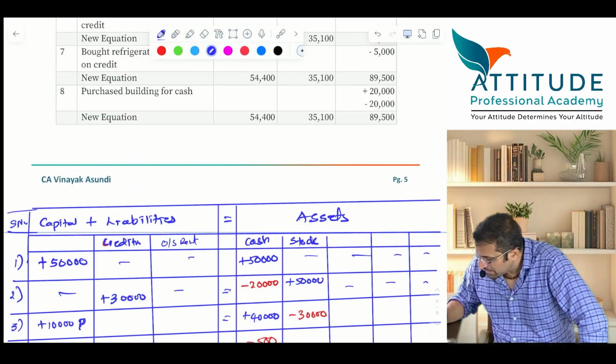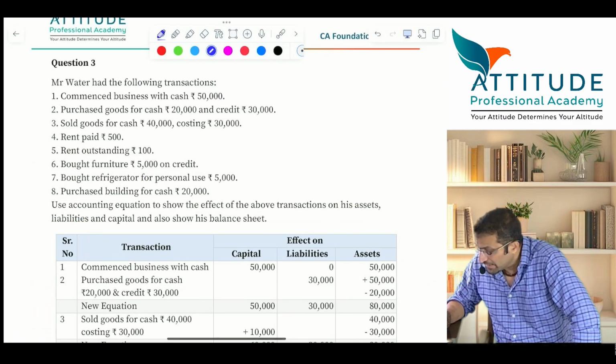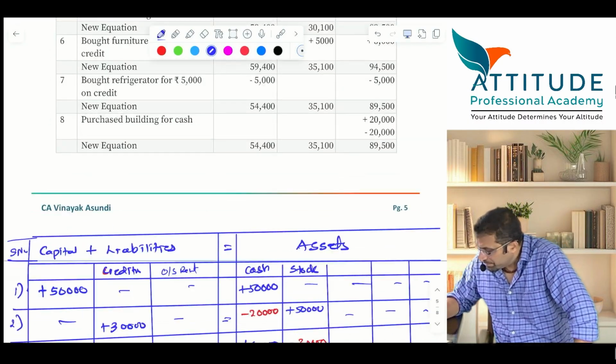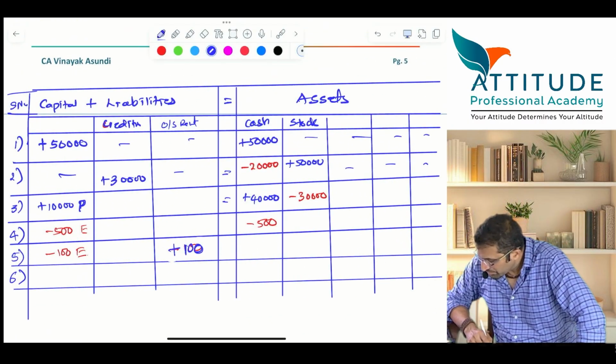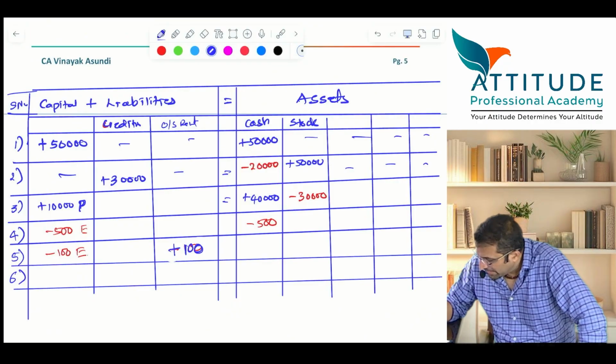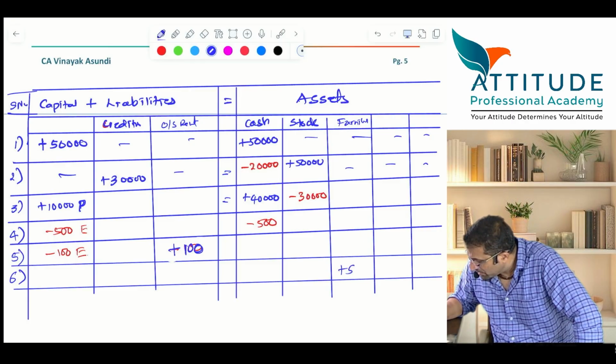Item number 6. Bought furniture 5,000 on credit. Now tell me, furniture will increase by how much? So plus 5,000.